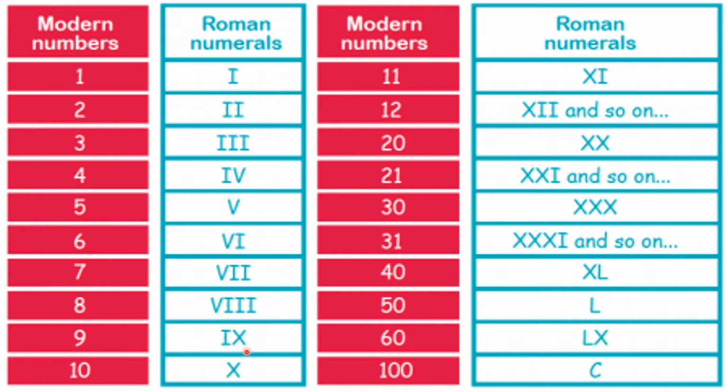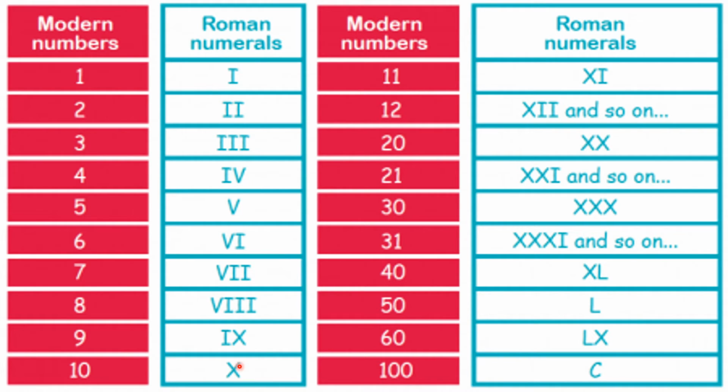And this one is also the same. 10 is represented as X, and to represent 9, you need to add I before the X, which means X minus I. It means that 10 minus 1 is equal to 9. And here 11 also is the same.